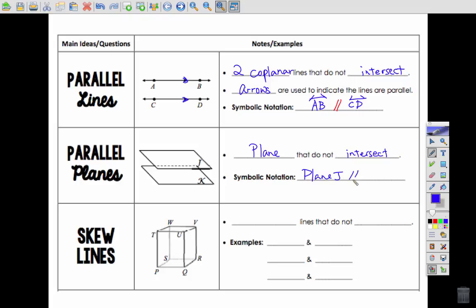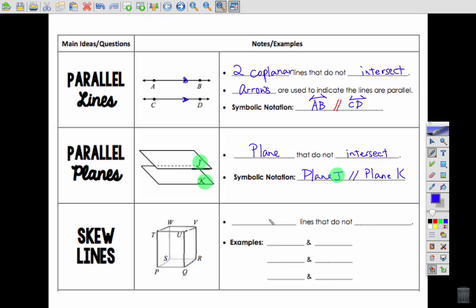Plane J is parallel to plane K. Now, notice how we use one letter at the corner of the plane to denote the entire plane, but when we write it out in English, we have to spell it out, because if I just use J, I probably will get it confused with a point on that plane. Okay.